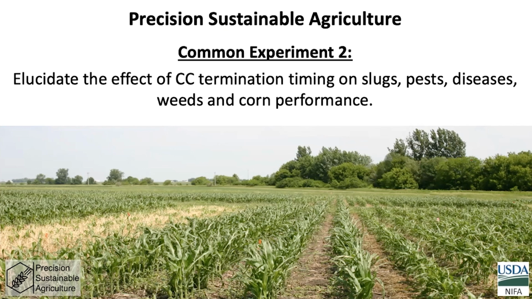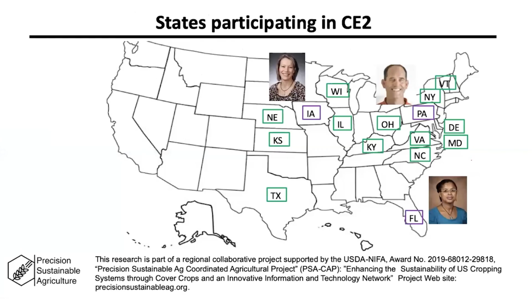What we're going to be doing is looking at the effect of cover crop termination timing on slugs, insects, diseases, weeds, and also the performance of corn. This study is being funded by USDA NIFA.